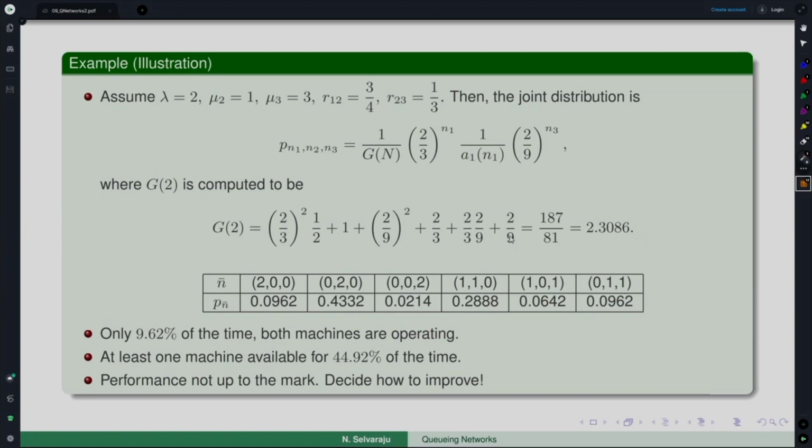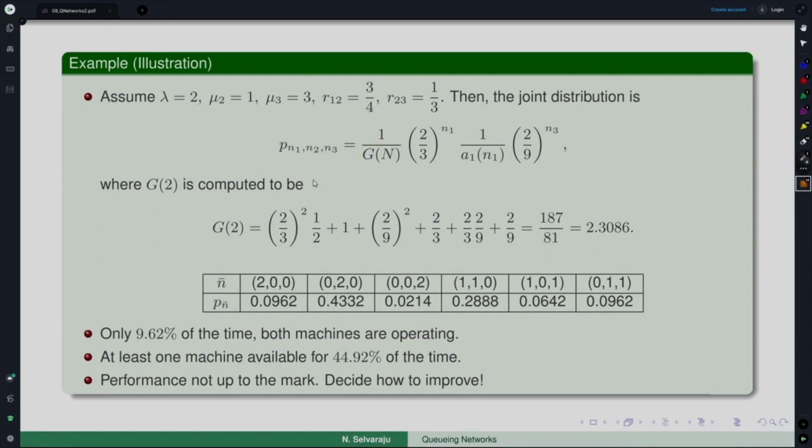But in practice, this is not that easy to compute. The main computational difficulty when you are trying to obtain the joint distribution of the number in the system in the whole network is connected with the evaluation of this g of n. Okay.